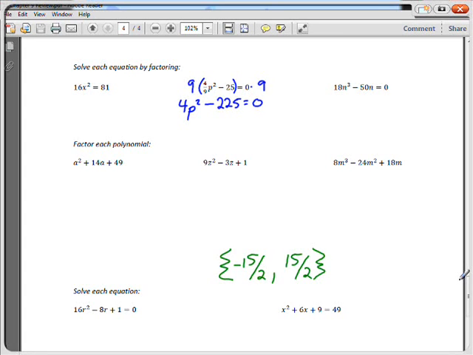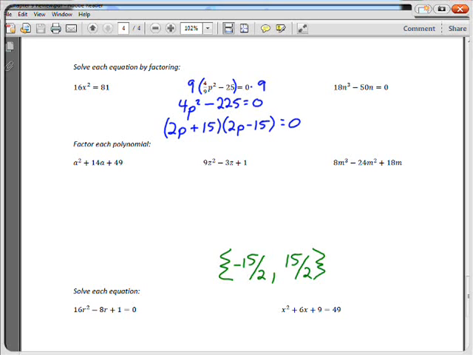And so now I've got 4p squared, which is a perfect square, and I've got 225, which is also a perfect square. And so that's going to factor out to 2p plus 15, because the square root of 225 is 15, and 2p minus 15 equals 0.